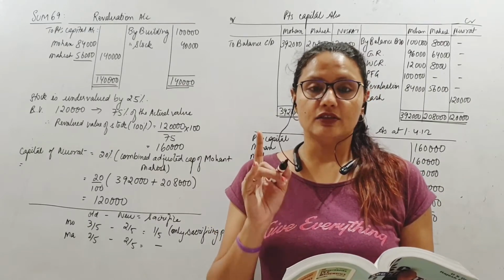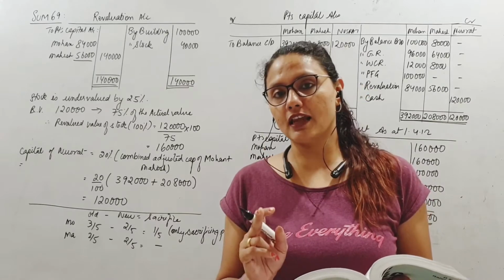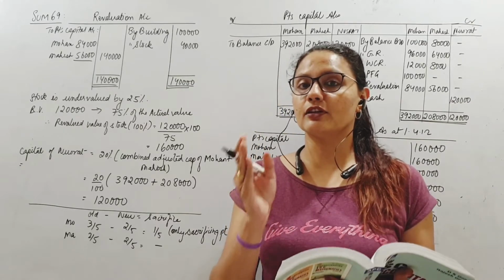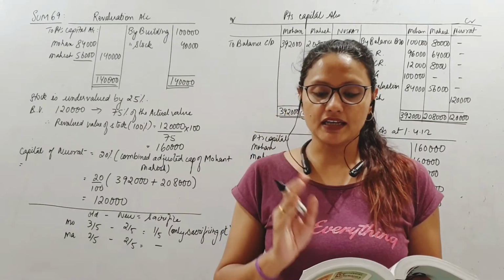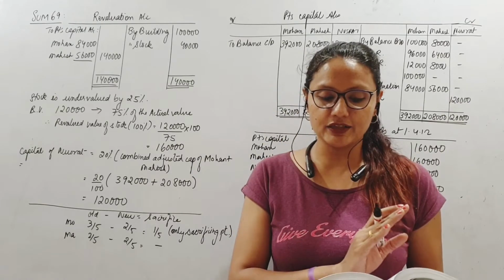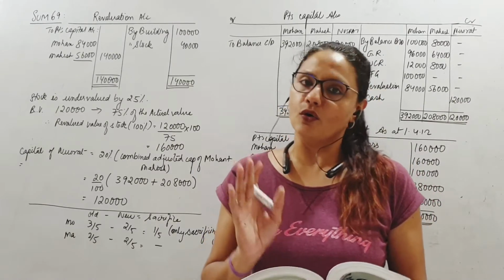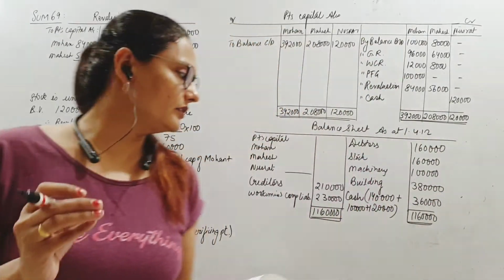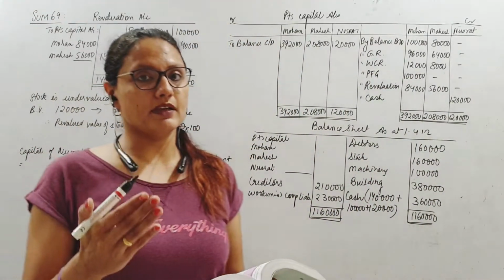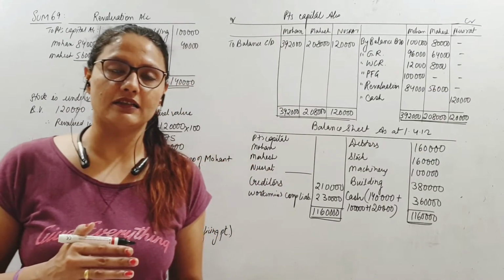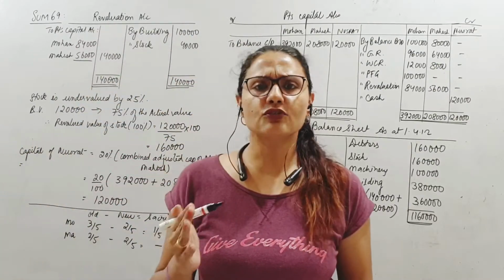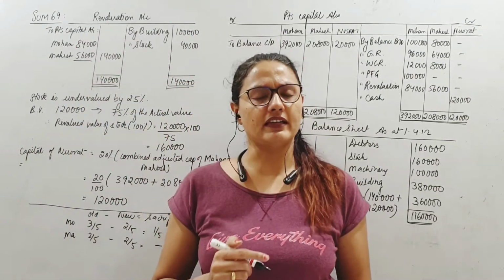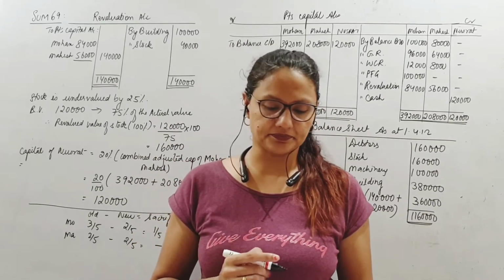Please note that, after the above revaluations and adjustments. Even if it is not given, it is assumed that when the new partner is going to bring in capital based on the old partners' capitals, all adjustments should be done first, and then we will find out their combined capital.